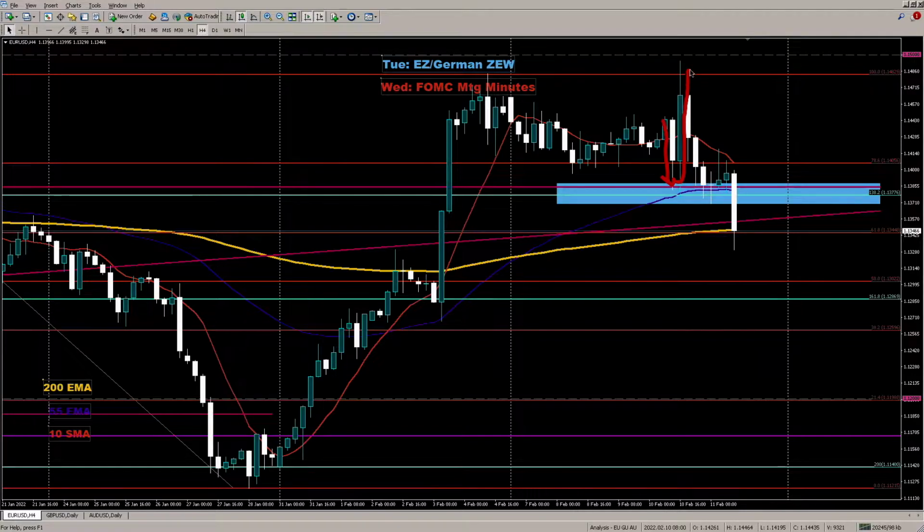And then after retesting the swing high, fell back down again. So that was quite a volatile move, and this was apparent with all the major pairs as well. Prior to that, it was just trading in a very tight, narrow range, just waiting for the US CPI data to be released.